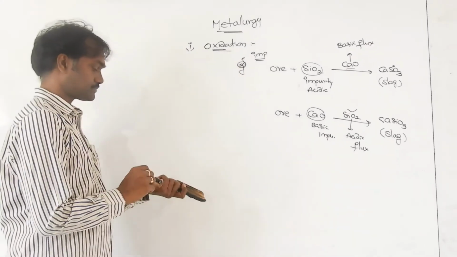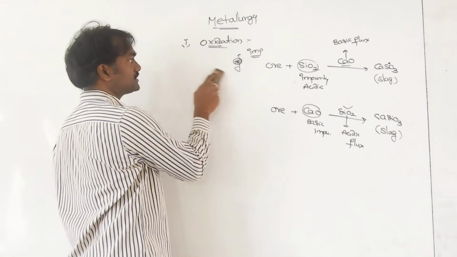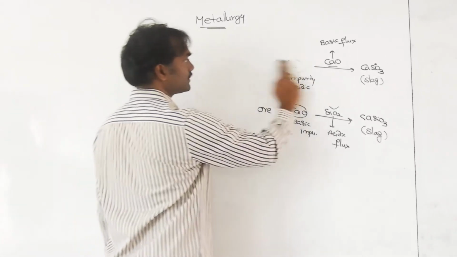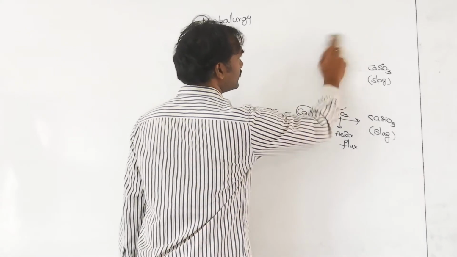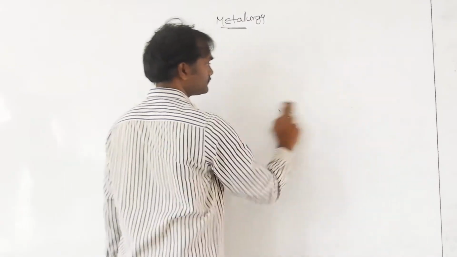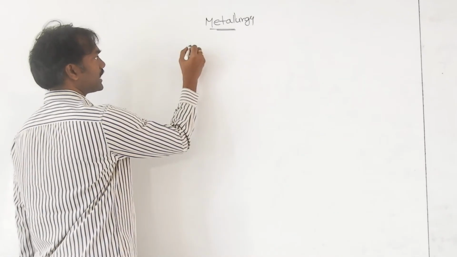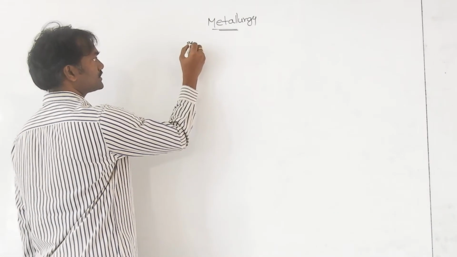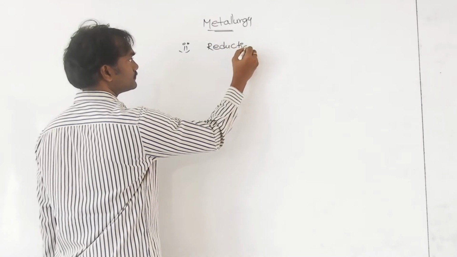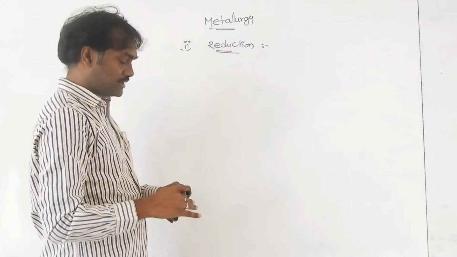Next. So oxidation is over. In oxidation we have calcination and roasting, both completed. Next, the reduction process. The second process we call reduction. In reduction, what happens?